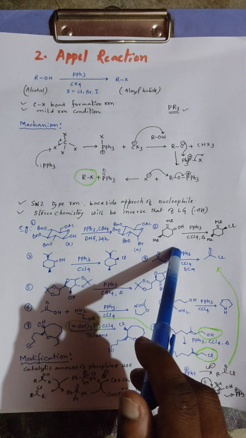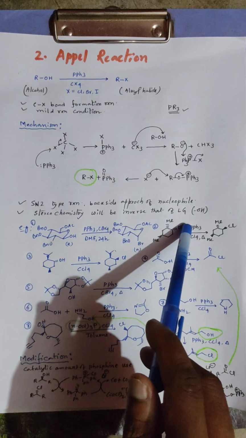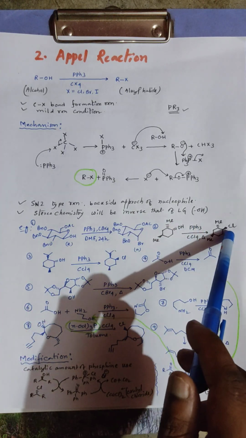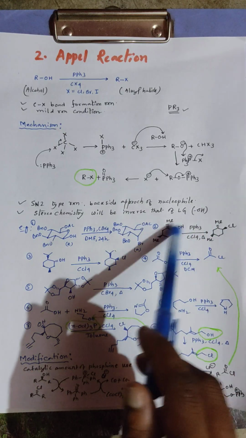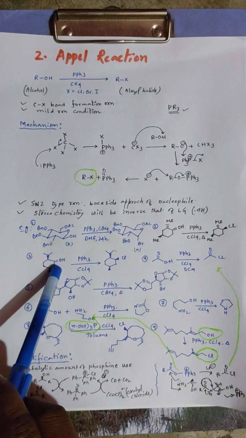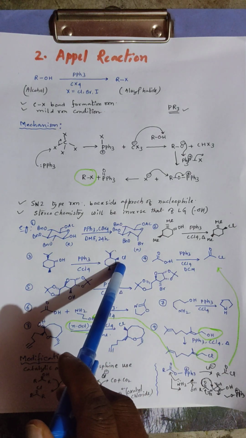This is example number 2, where the alcohol is on the bottom face. After the reaction the halide forms from the up face, so the stereochemistry gets inverted. This is the third reaction, where also the stereochemistry from alcohol to halide is inverted.